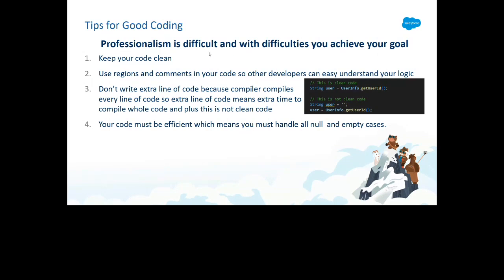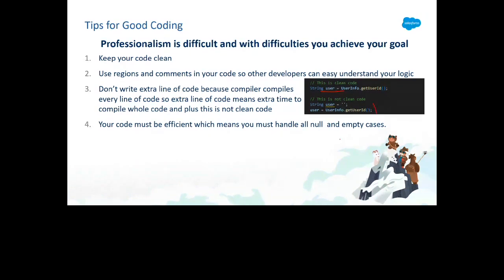This is an example which I observed in my whole career, and I also make these types of simple mistakes. Like, if I want to assign a user ID to a variable which is named user, I can do that. This is the first option.